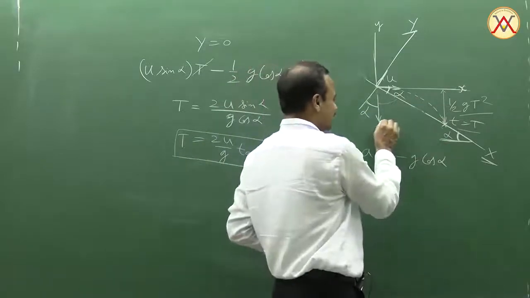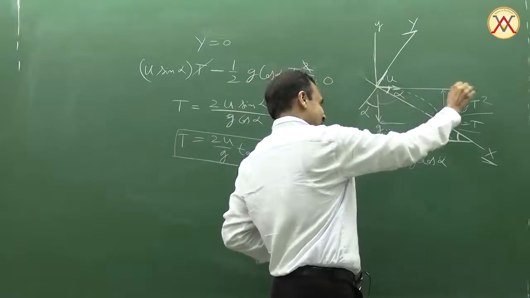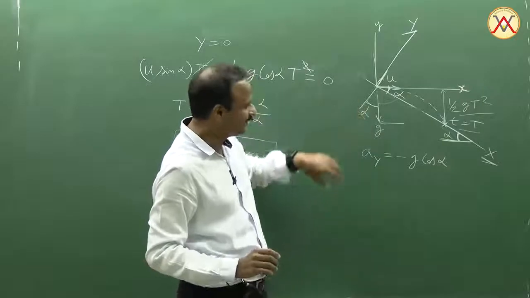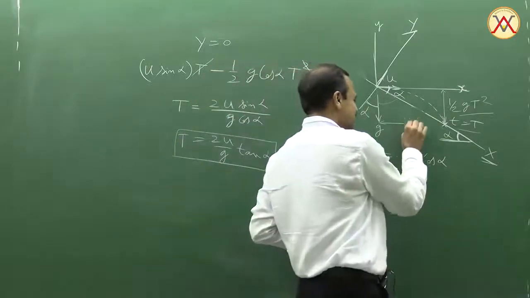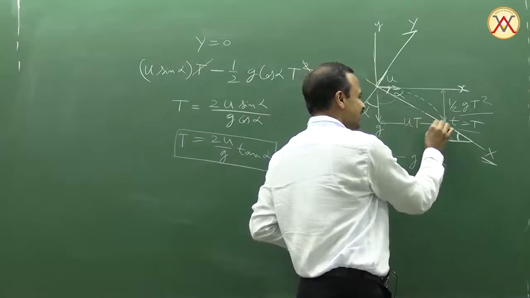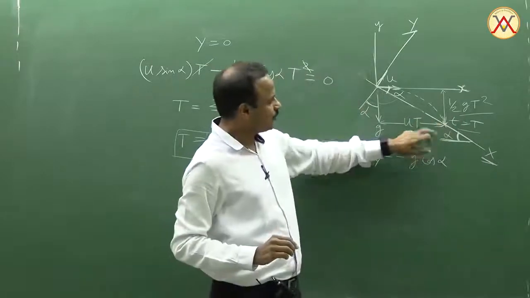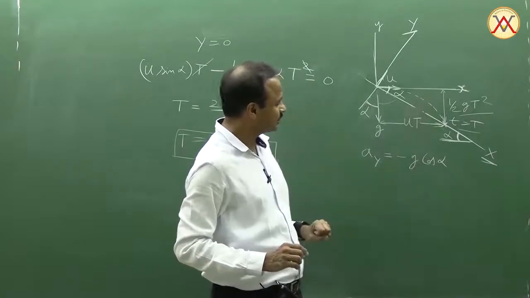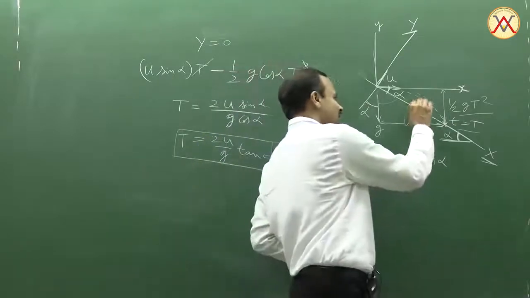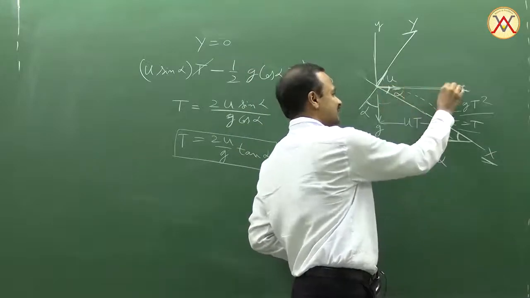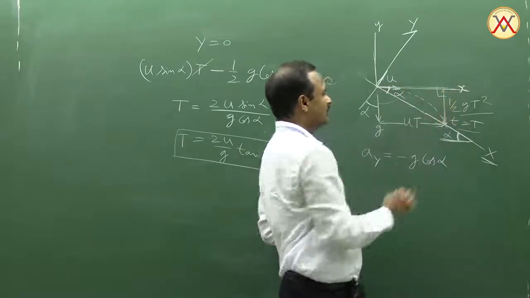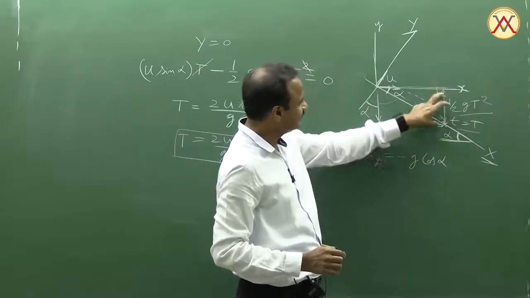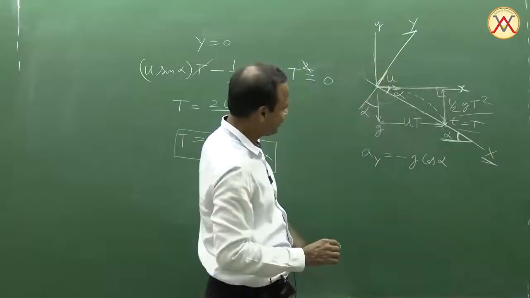And how much horizontal distance does it travel? In the horizontal direction we know the acceleration is 0, because acceleration due to gravity is vertical. So it is just u into T. Now what is the relation between this uT and this half gT square? Can you see any relation? If you look at this right angle triangle, you can see that this half gT square upon uT is tan of alpha.